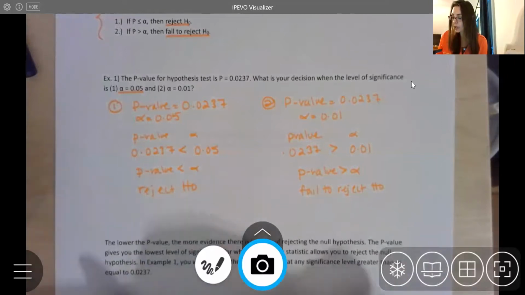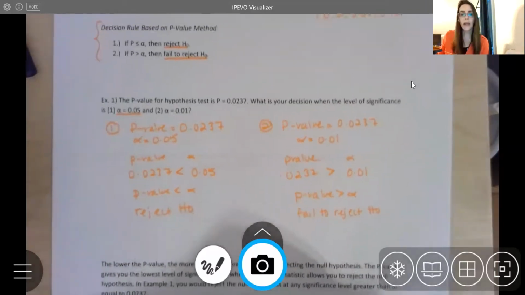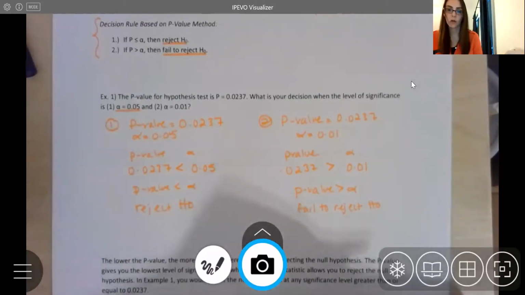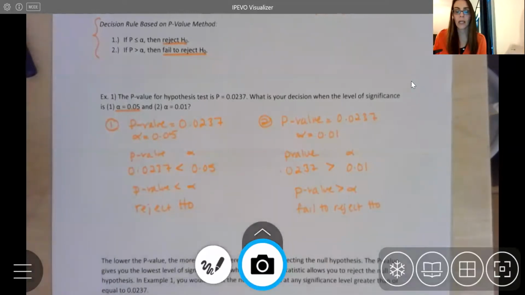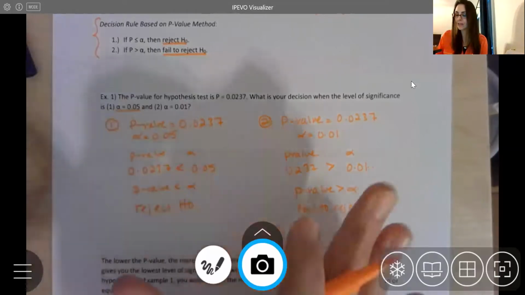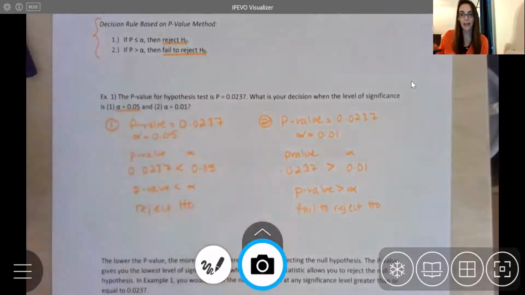I mentioned at the end of the last video that when we actually do hypothesis testing in the real world, it is really important that you choose your alpha cutoff before you get your data. Because if you have your p-value already, then you could choose whatever alpha you want to get the decision that you want, right? And that's not ethical.